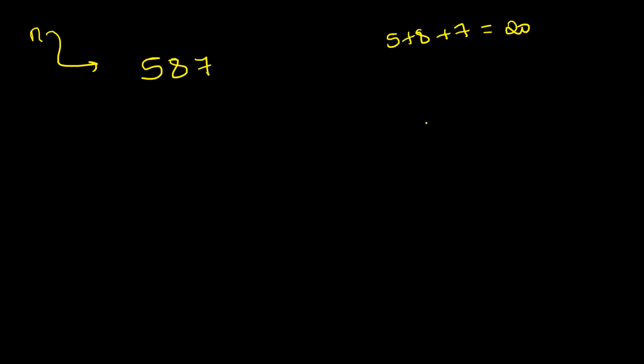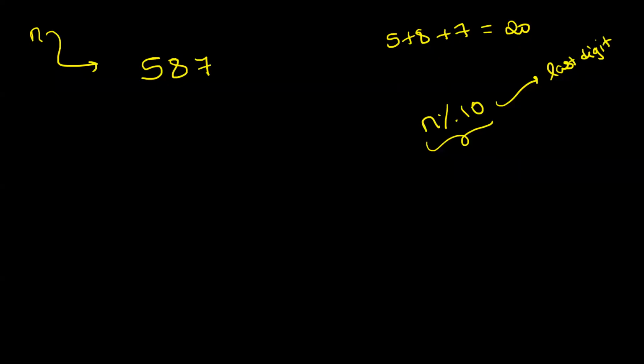If you do n modulo 10, you get whatever digit is there at the units place, the digit at the end. If you do 587 modulo 10, you will get 7 as the remainder. So n modulo 10 always gives you the last digit of the number.